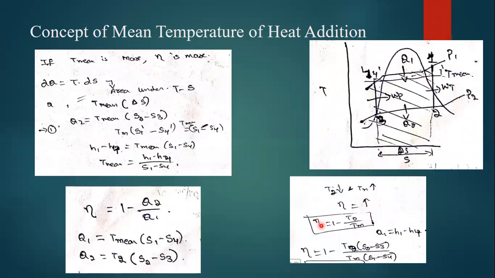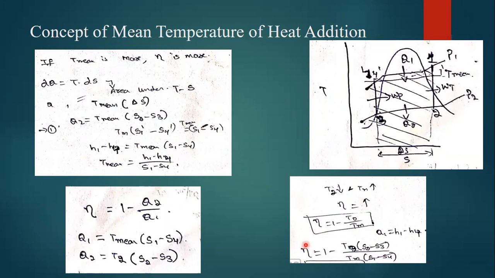So I will have efficiency equal to 1 minus Q2, which is T2 into S2 minus S3, over Q1, which is T mean into S1 minus S4. Since S2 minus S3 and S1 minus S4 are equal, as we have shown, we can cancel that.